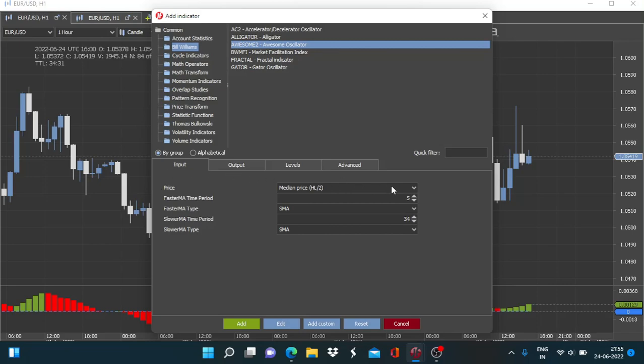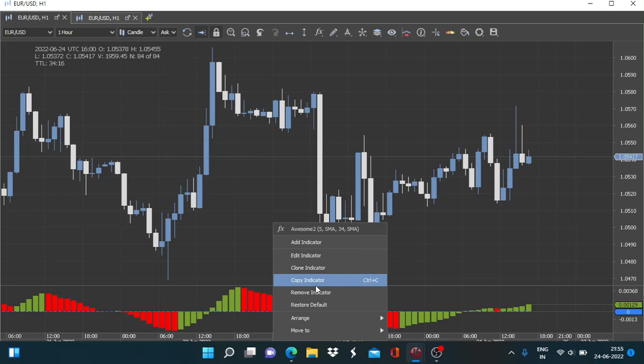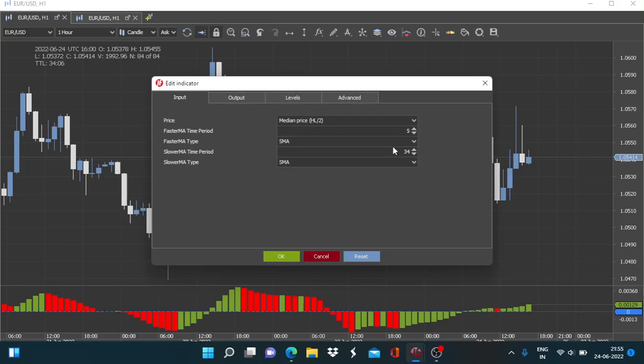So we have to customize the awesome oscillator as per these options, and depending on that, you will get it plotted on the lower side. If you just go by the default setup, then you get this kind of plotting. And if you want to change anything, you can change it. You can edit the indicator. You can add the indicator. You can clone the indicator. So all these options get provided to you. Whichever way you want to do it, you can do it.